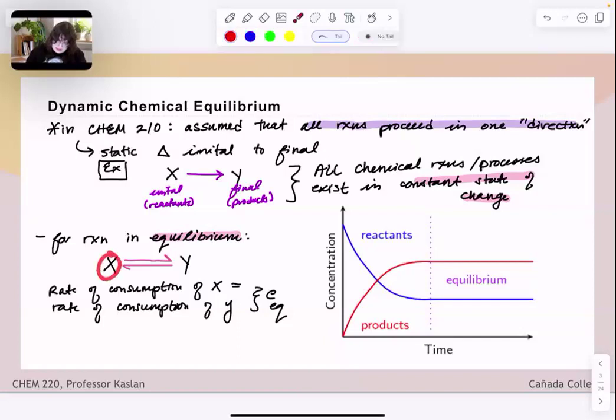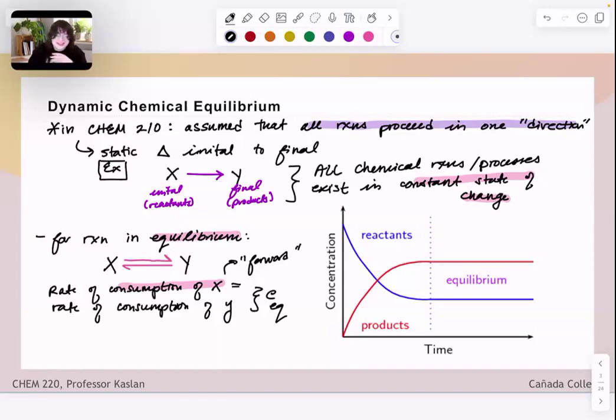So if X is being consumed, that's creating Y. And if Y is being consumed, that is creating X. So if we think about the consumption of a reactant, we would call this the forward reaction, even though it's not its own discrete reaction; the whole exchange process is the reaction.